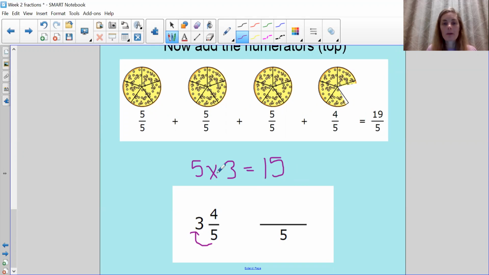Right, so once I've got 5 times 3, that is my whole numbers here. So there you can see it's 5 plus 5 plus 5, so 5 times 3. And then I'm going to add the top number, the numerator. So I'm going to say 15 plus 4 is equal to 19.